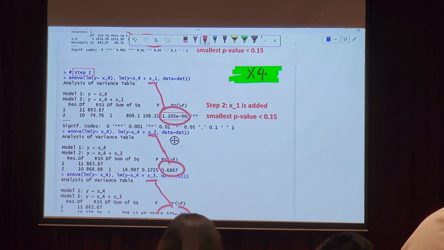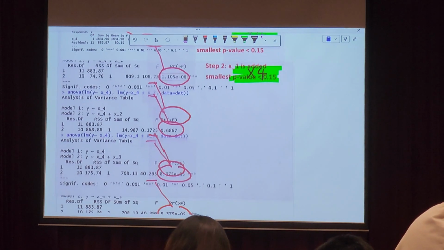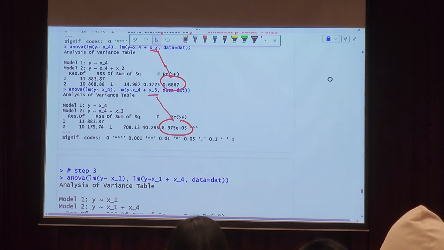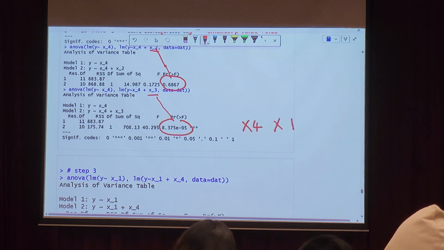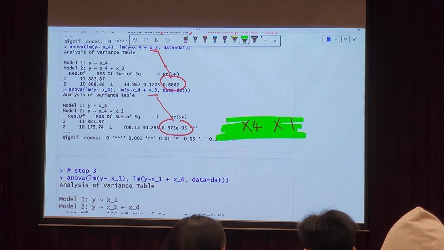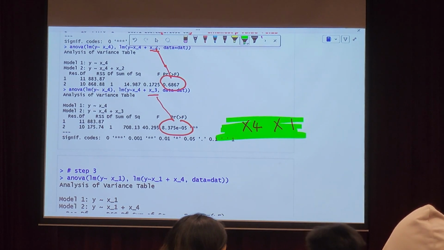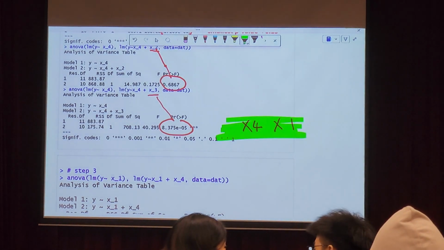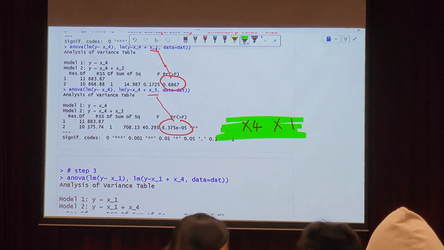So now, after step 2, we have x4, x1. I'm going to shade it now. If you are doing forward selection, you continue for the third variable. But this is stepwise.